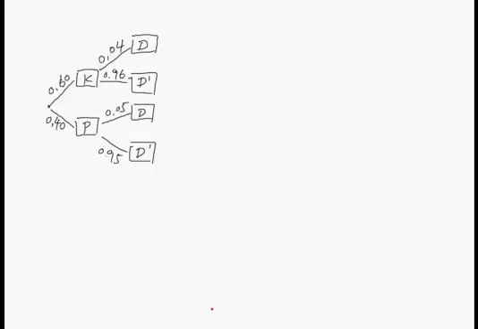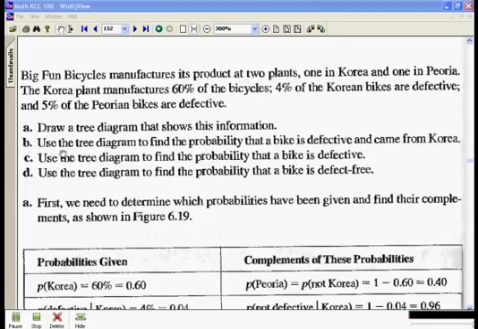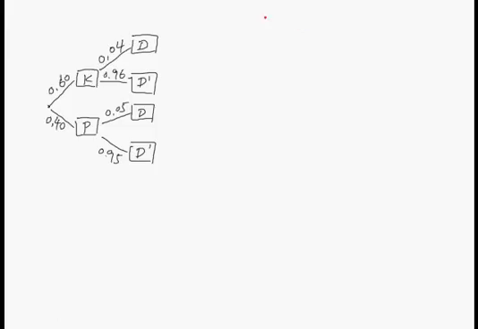Now we will use this tree diagram to find all those probabilities in parts B, C, and D. Let's go to part B. Part B uses the tree diagram to find the probability that a bag is defective and came from Korea. We need to find the probability of the event that a bag is defective and the bag is from Korea.